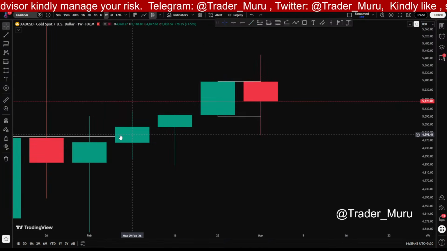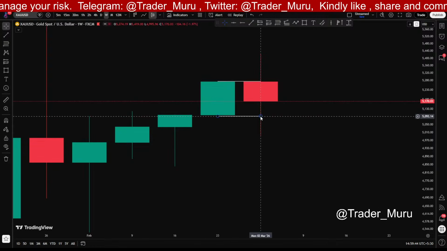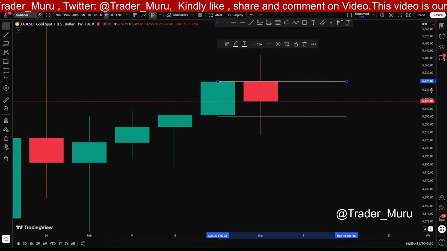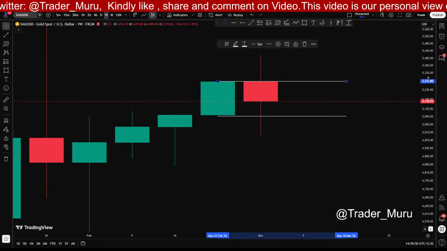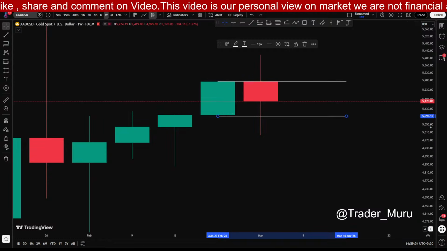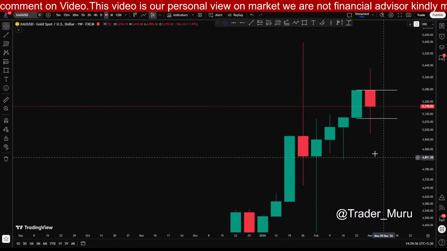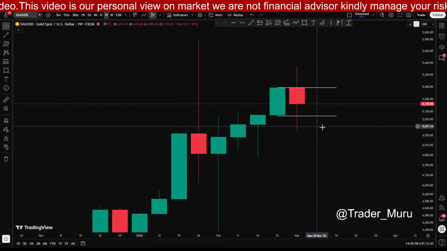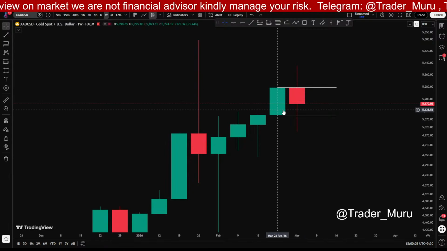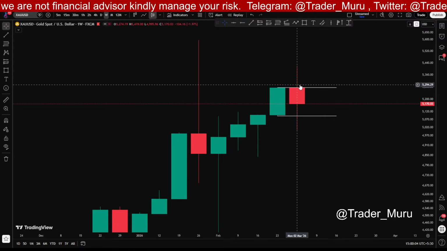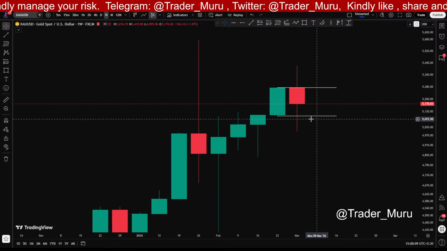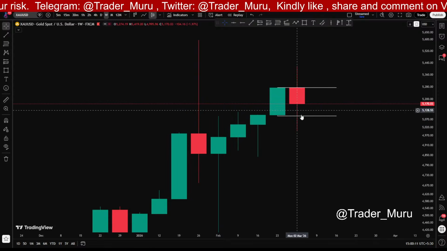So this is basically our current trading range according to the daily and weekly time frames, around 5275 to 5093. Price is ranging between this candle's high and low, and once a candle closes above it will be a bullish continuation, and once a candle closes below it will be the reversal sign.